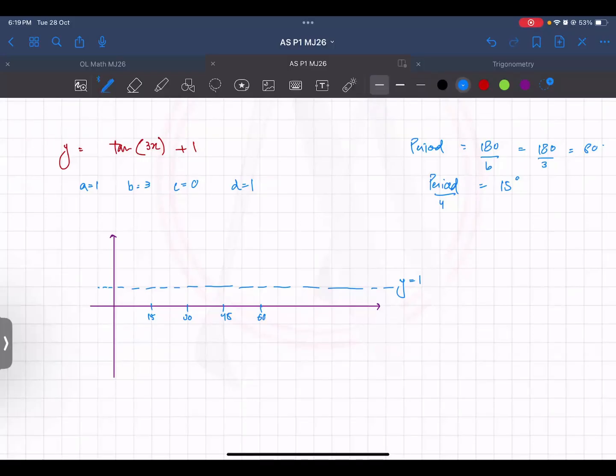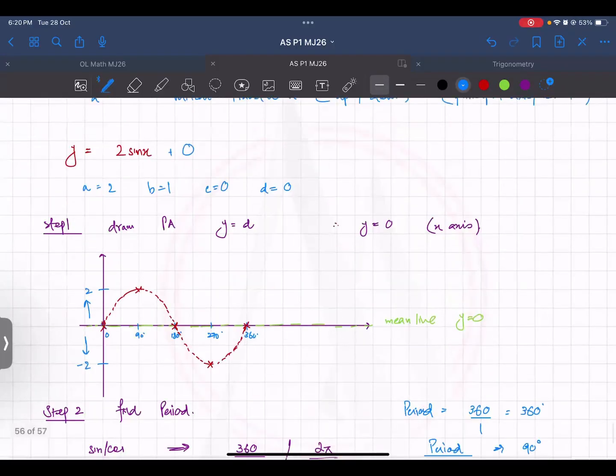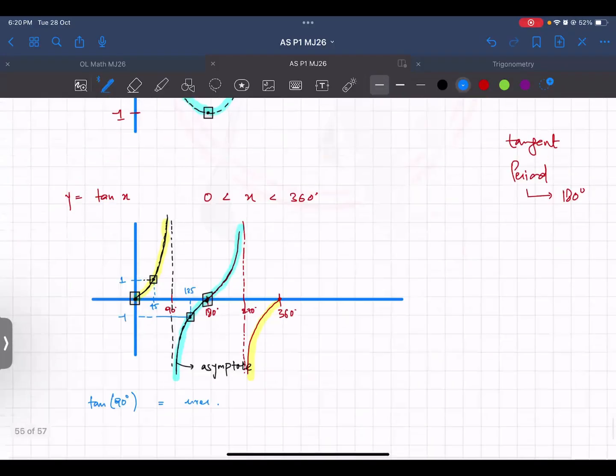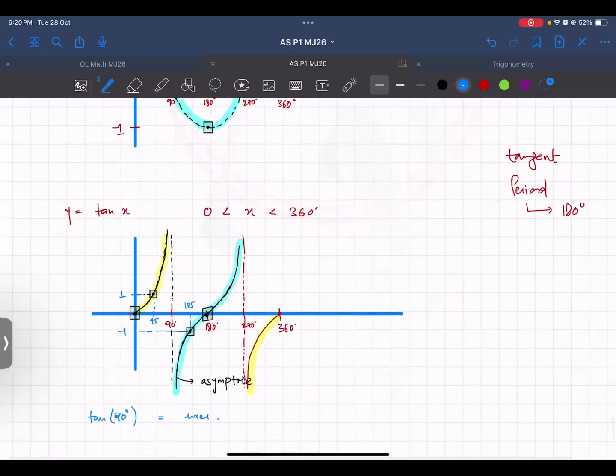And then amplitude is 1, so from 1 go 1 up, so this would be 2, and 1 down, so this will be 0. These are the exact points. Then the graph of tan starts from 0, then 1, then positive infinity, then coming from negative infinity, 0, minus 1, and then 0 again.